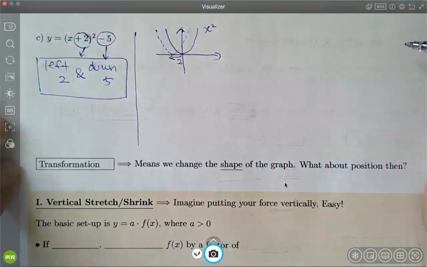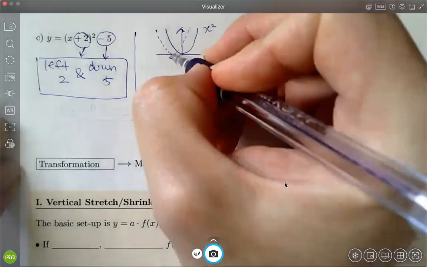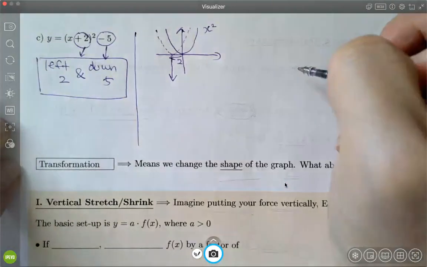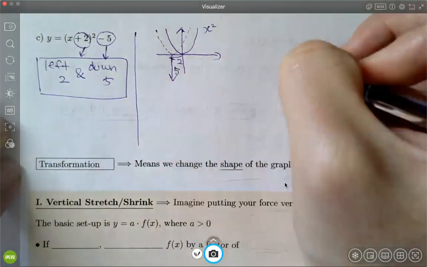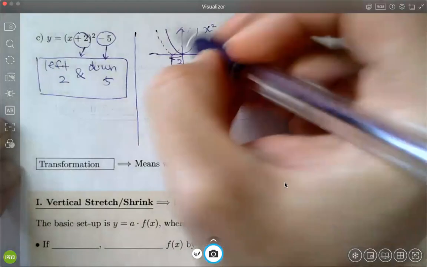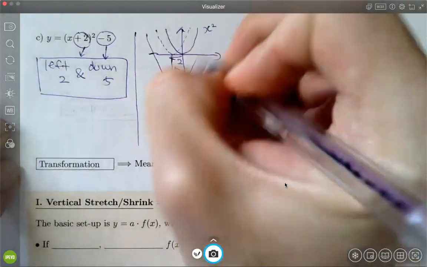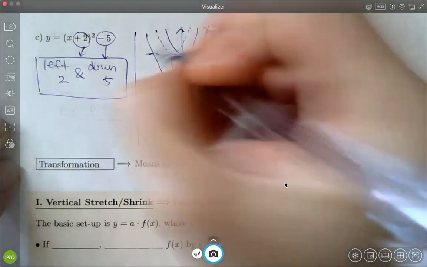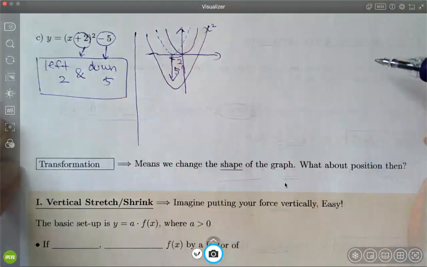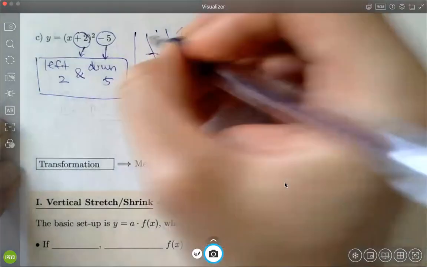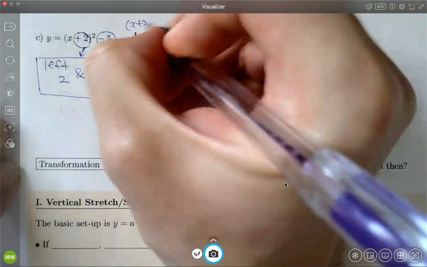Because it's only one shift. I'm not done, so that's not the final graph. Now what do you have to do on this dotted parabola? You have to pull it down by 5 units. So the graph looks something like this. That is the graph of (x plus 2) squared minus 5.